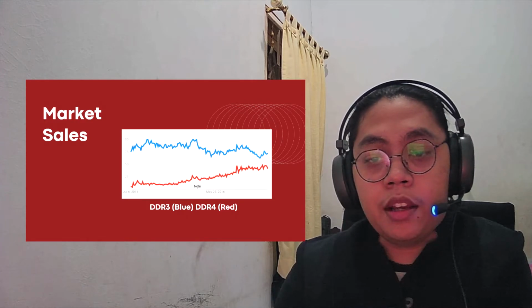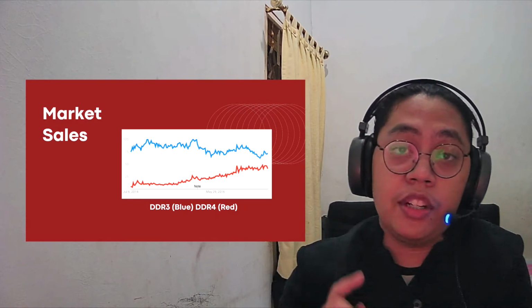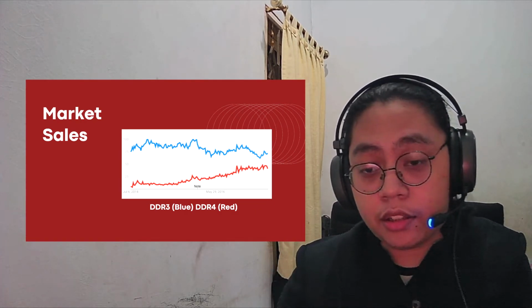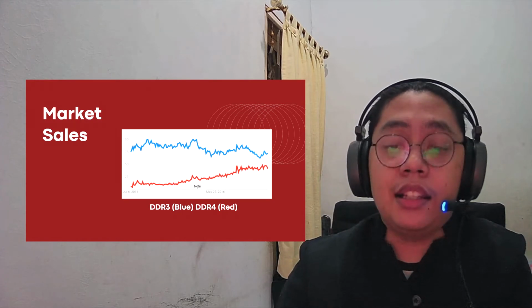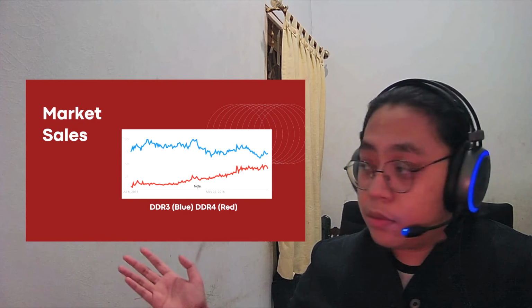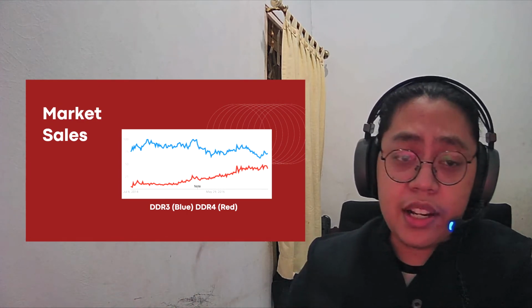Now, if we take a look at the market sales of the DDR3, which is shown in blue color, and the DDR4, which is shown in red color, we can see that the DDR4 does not perform as well as the DDR3. Now, why is that?